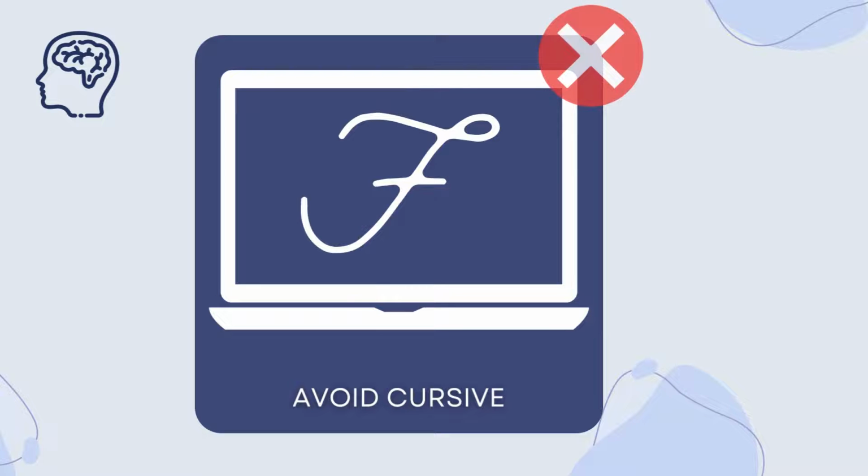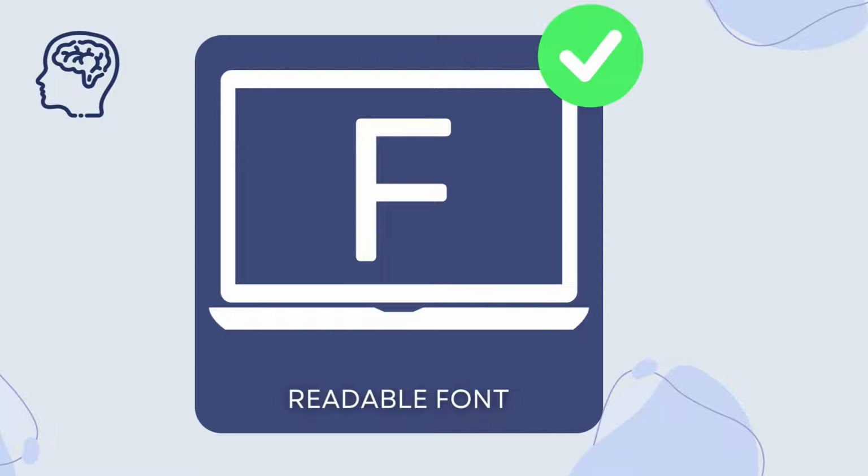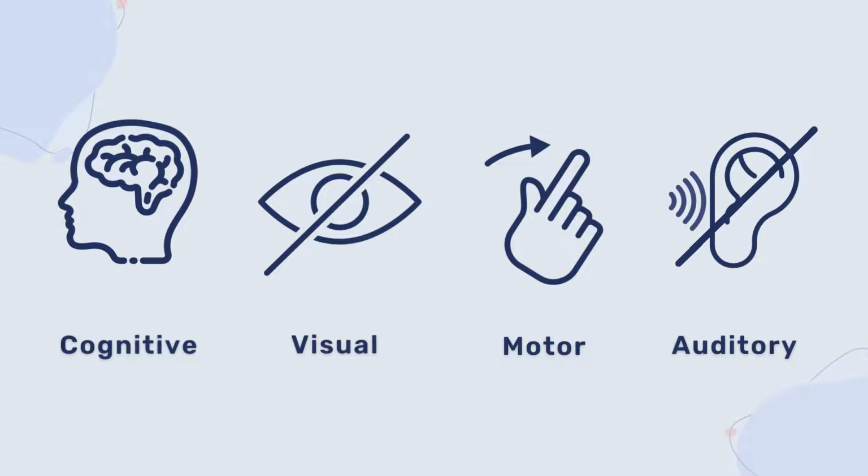For those without disabilities, cursive can be just as difficult for language learners as the characters don't always match. A readable font is one that is accessible at any size, despite background color, ample space between the letters, and many other characteristics.